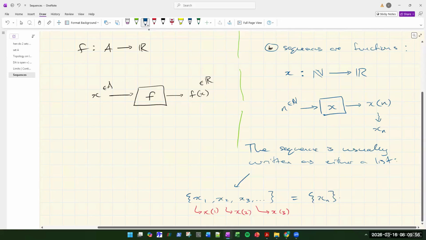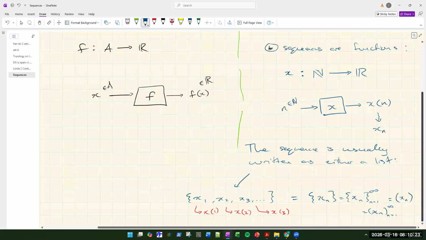And this we could sometimes write simply as (x_n). Sometimes you see this notation, (x_n), and then they say n goes from 1 to infinity. All of these are valid notations for a sequence, and you need to be familiar with all of them because many authors use many different notations.